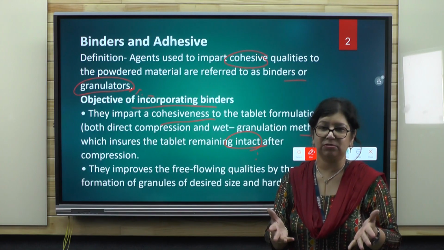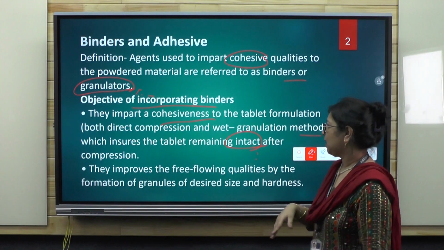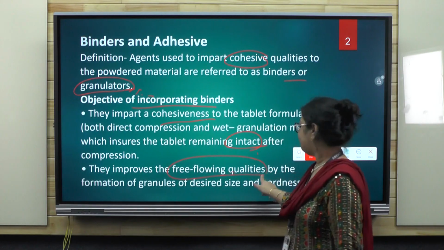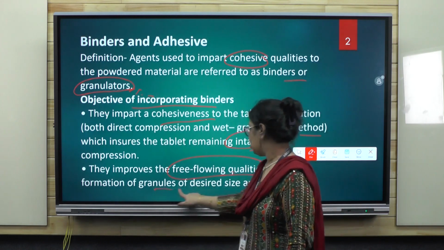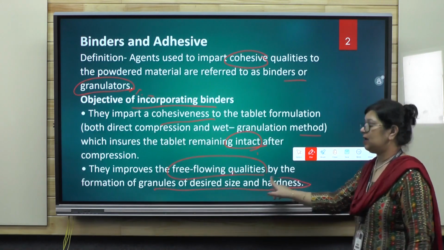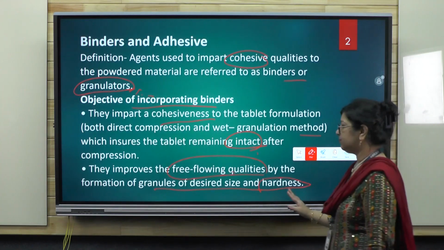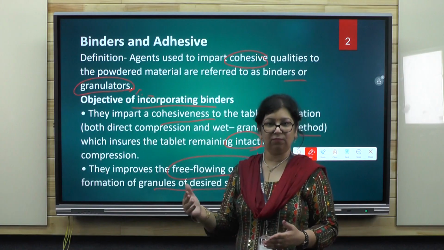So it should not happen. So that's why we use the binders. And they improve the free flowing properties by the formation of granules of desired size and hardness. Hardness of the granules is also required, because it will help in the flow properties.